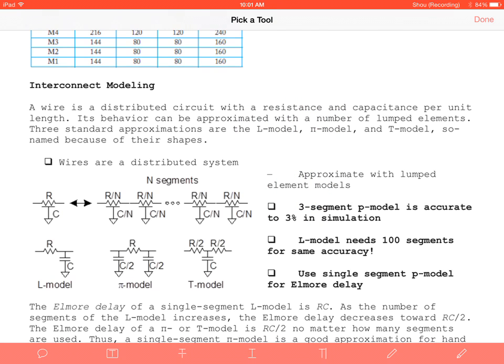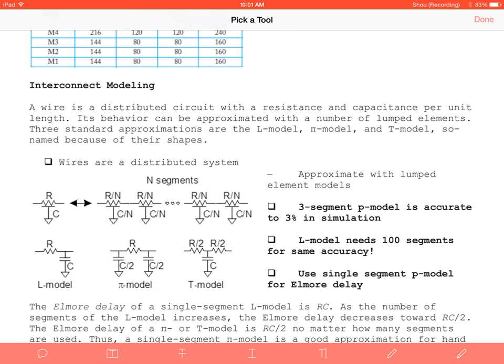We know that we have some sort of capacitance between wires going next to each other. In addition, we know that it has some sort of resistance in the wire. So there are 3 different ways, and we're going to specifically focus on one because it's the most efficient way of modeling, called pi delay modeling. The L delay model is just described by how it looks: a resistor and capacitor shaped like an L. Pi modeling splits the capacitance in half and has it on each side of the resistor.